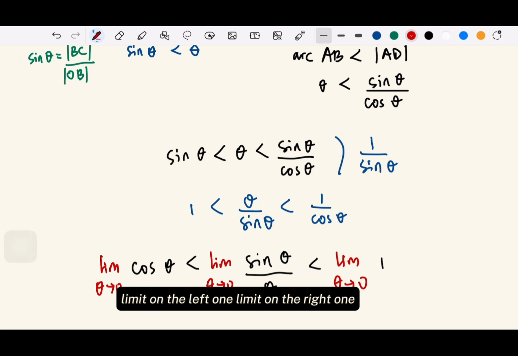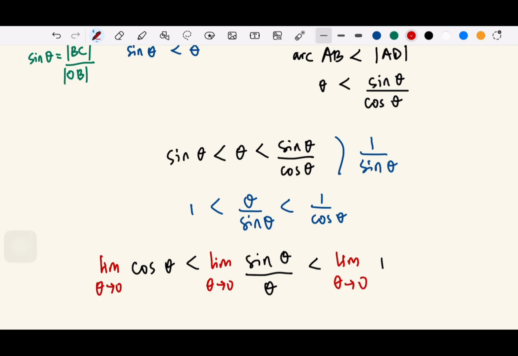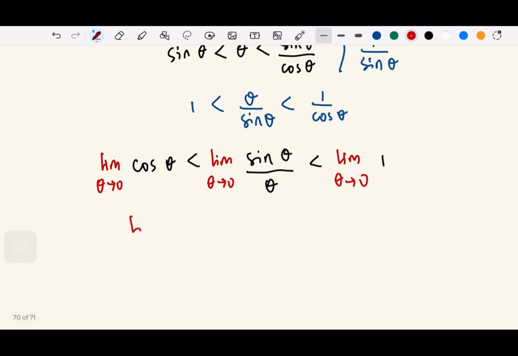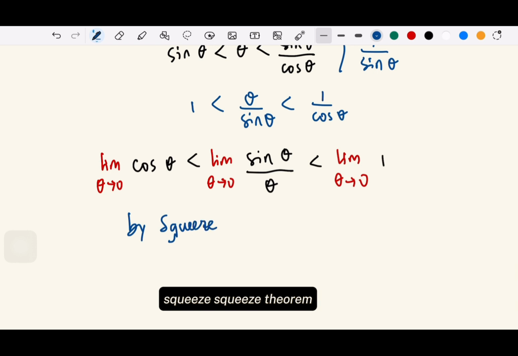Limit on the right, 1. So the limit of the middle is equal to 1, by the squeeze theorem.